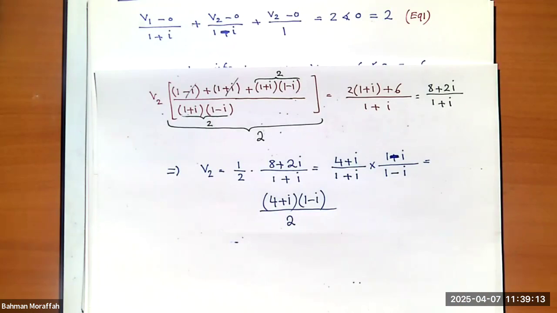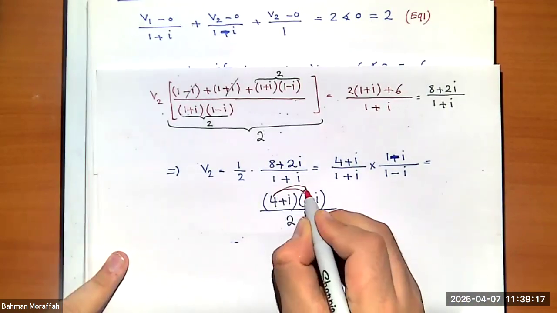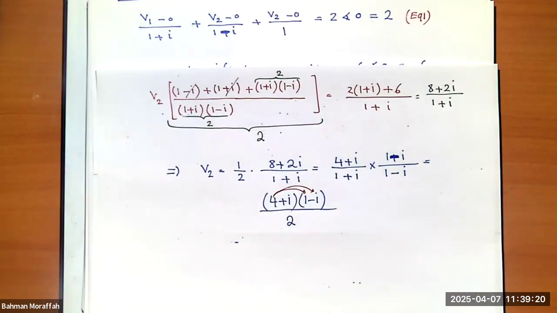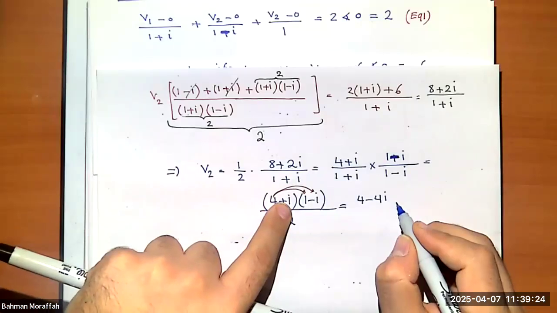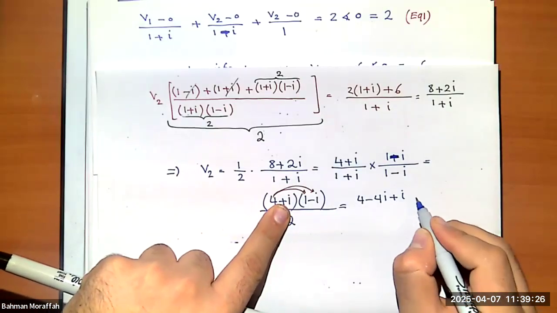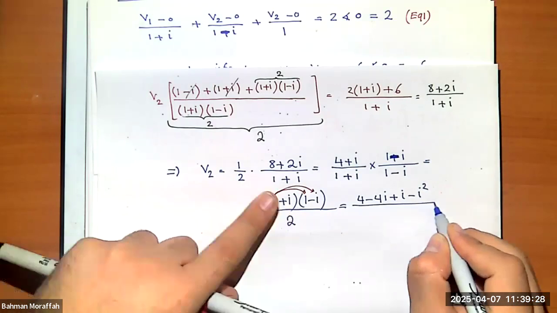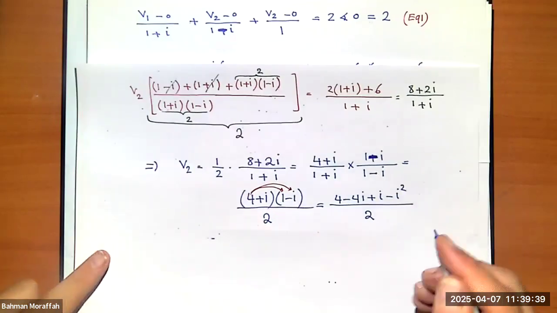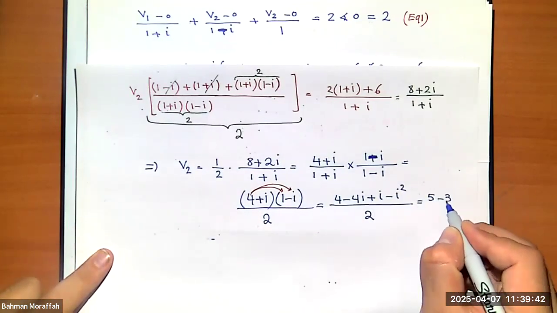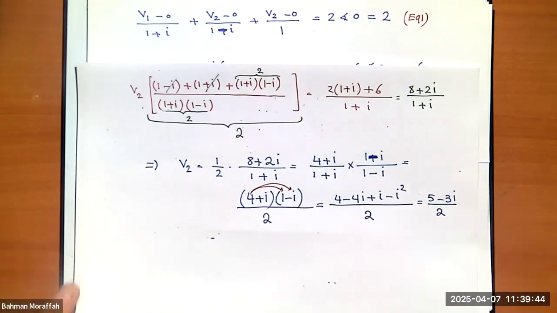To find the numerator, I have to distribute it. So I have 4 minus 4i. Then I have to distribute this i. So it's plus i minus i squared divided by 2. What is negative i squared? i squared is negative 1. Negative of negative 1 is 1. So this is 5 minus 3i divided by 2.